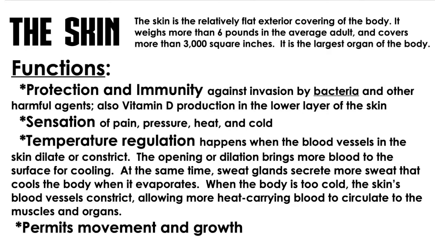These temperature receptors are within the skin. We also have temperature regulation, and basically temperature regulation refers to the capillaries or blood vessels within the skin, and these are either going to dilate, which means open up, or they're going to constrict.